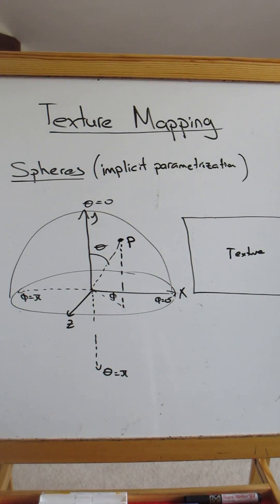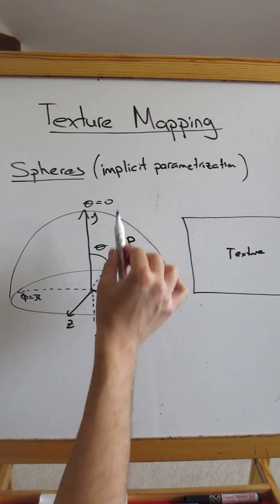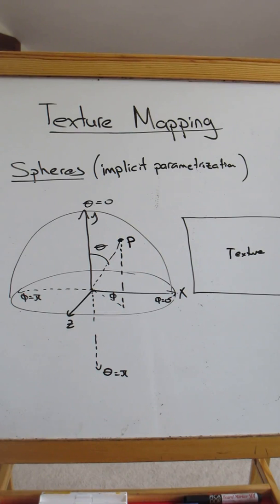So when we are mapping textures onto a sphere, we don't need the UV values to be given to us. We will compute the UV values ourselves using the implicit parameterization of the sphere.